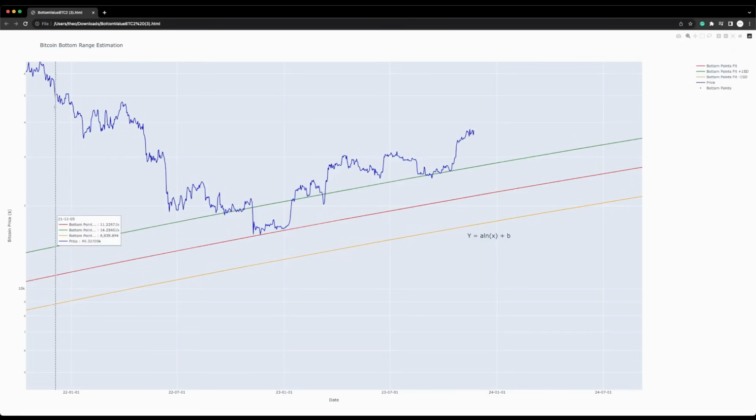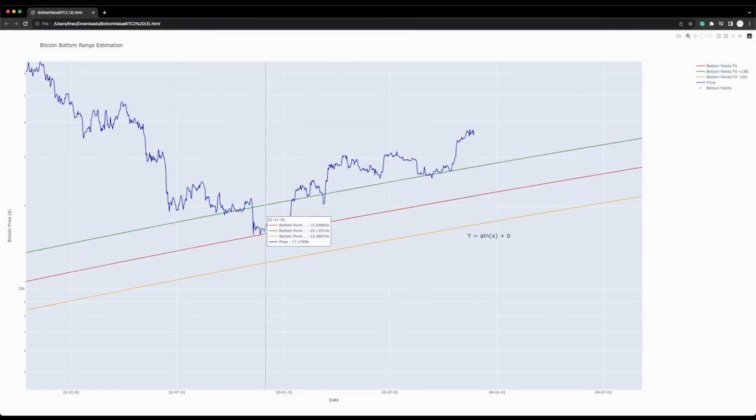Bitcoin price in November 2021 was around 67k, and it dropped all the way down to the 15k region in November 2022. But as you might notice, the green line was able to act as a support for a couple of months, and then the price was able to pierce the green line and found support on the red line, which is our bottom estimation.